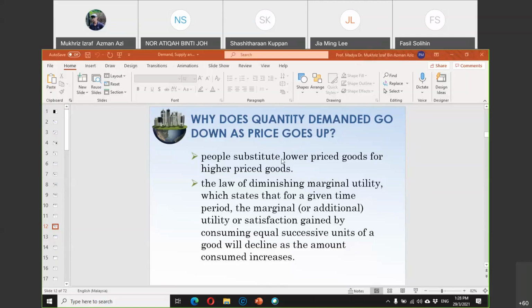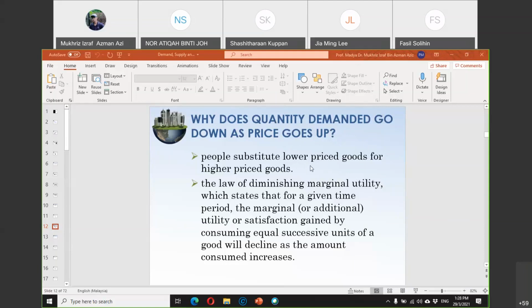you're going to find a substitute, barangan pengganti. You're going to search for another good that is much lower in price. So this is a very common behavior. I don't need to teach you about this logical, normal behavior of any consumer. Of course, this is the economics explanation: one is because of substitutes, meaning that you're going to find another product that serves the same purpose.